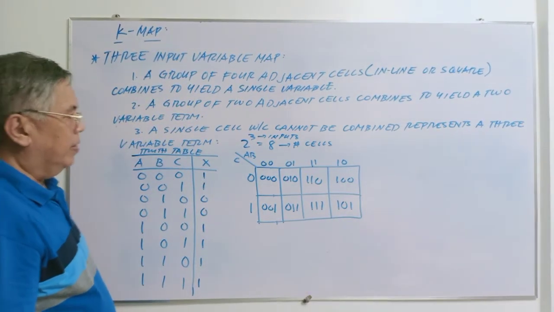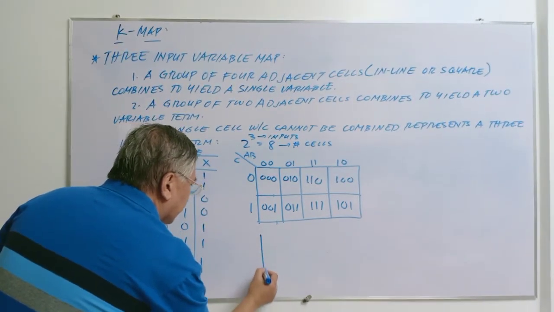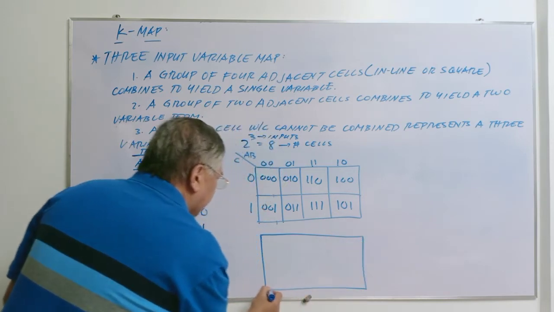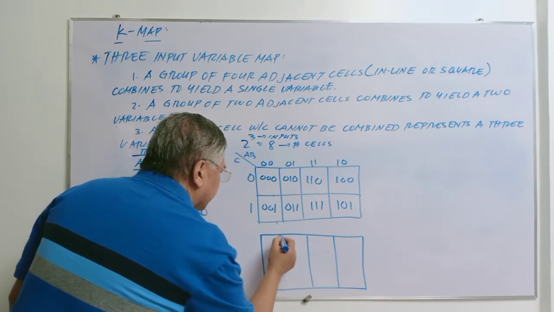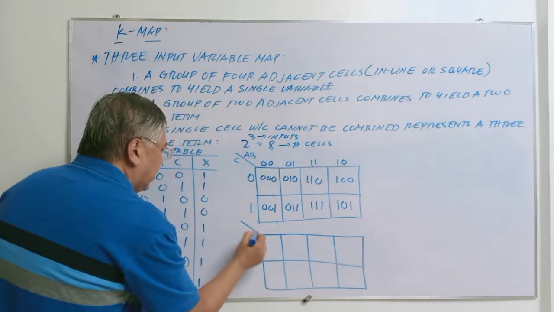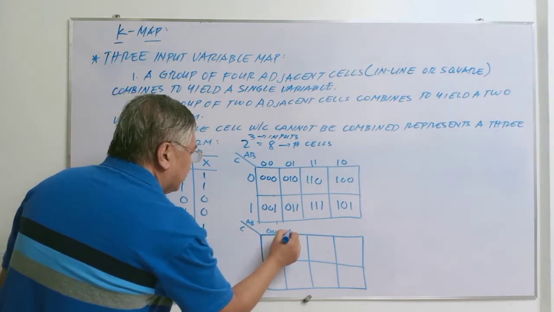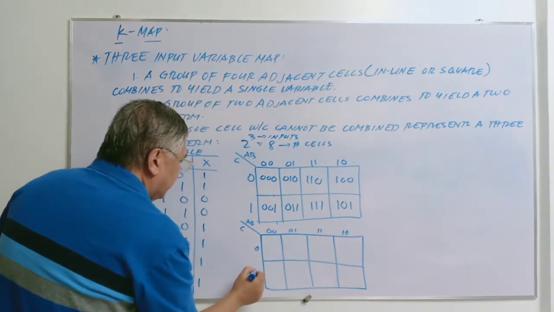Okay? Then the SOP equivalent map will be this one. So again, this is A, B, C. You have 00, 01, 11, 10, then 0, 1.